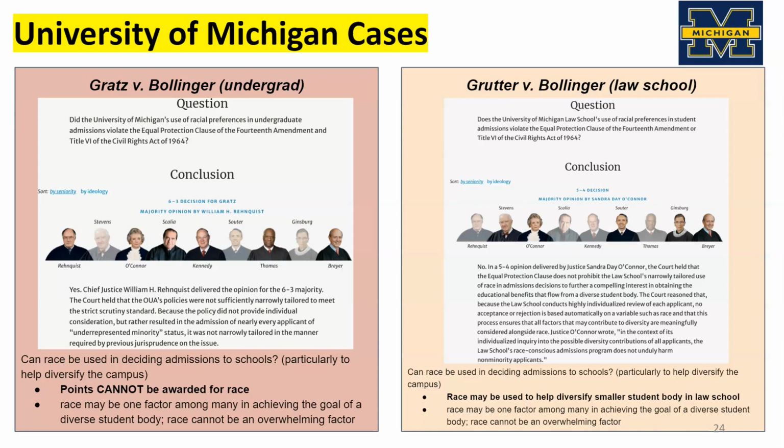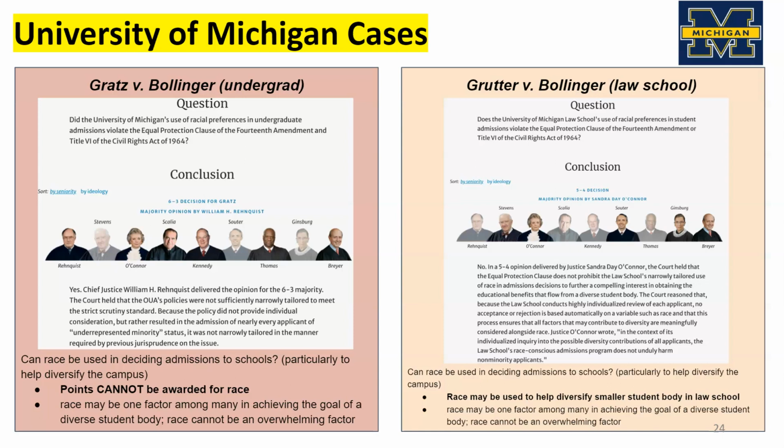But in the law school, in the graduate school at the University of Michigan, same school but graduate program, in the Grutter v. Bollinger case, they looked at this and said race could be a factor that is used to help diversify the law school because people aren't starting from the same place. There's not a fair level playing field here.